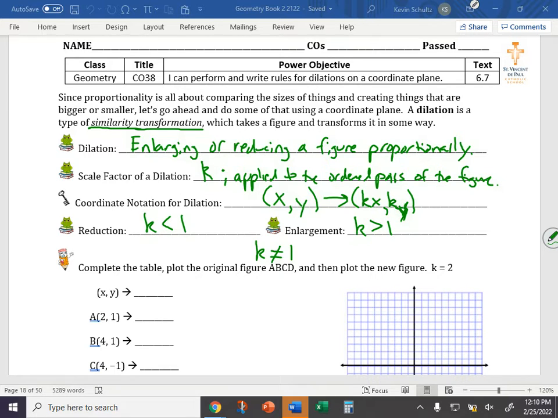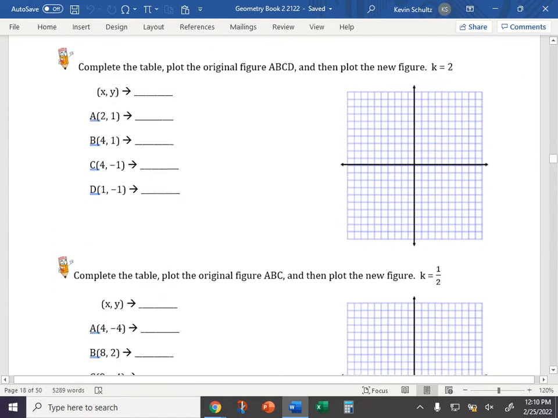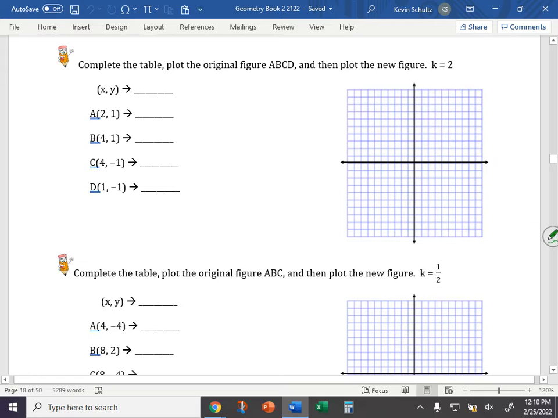All right, let's practice. It might help you to get out two different colors just to plot these points, or just label them well. It says complete the table, plot the original figure ABCD, and then plot the new figure, and you're told that k is equal to 2.